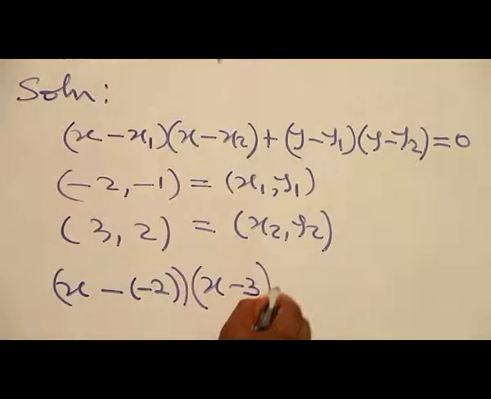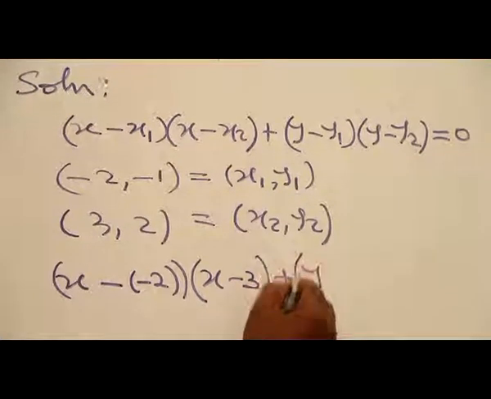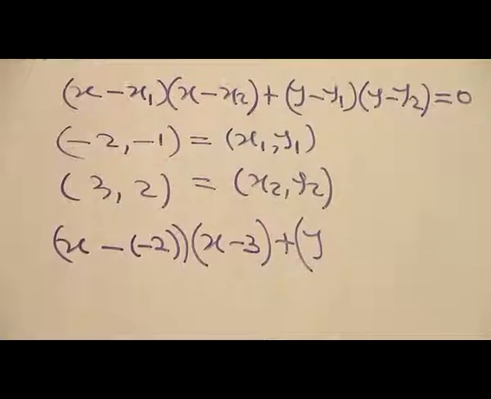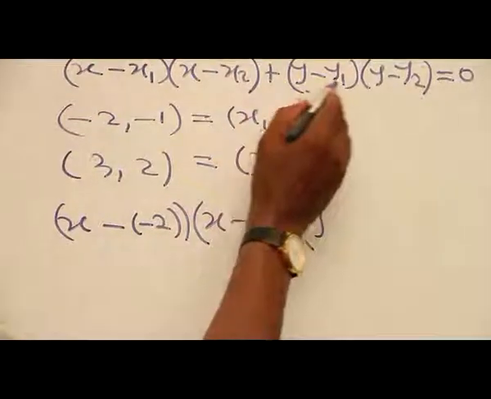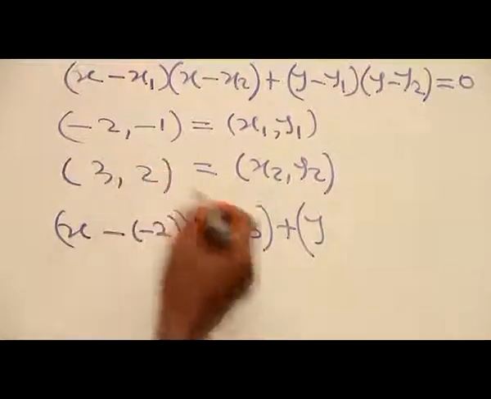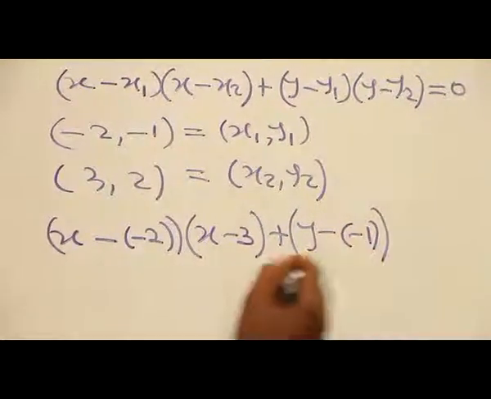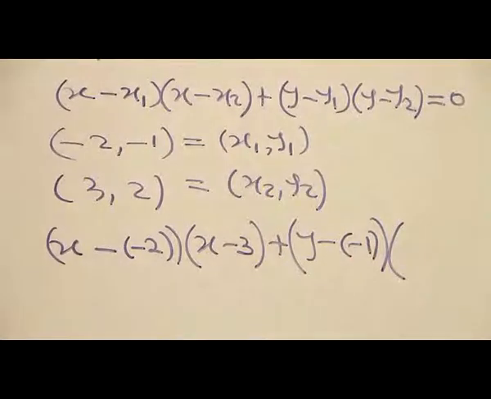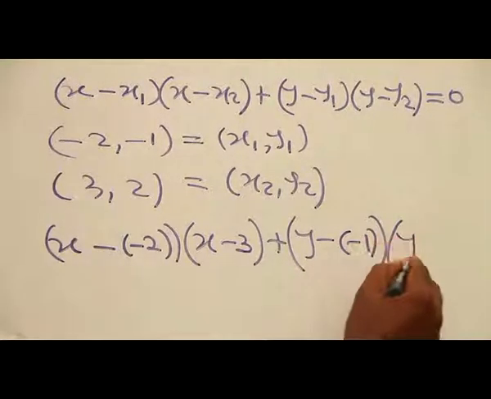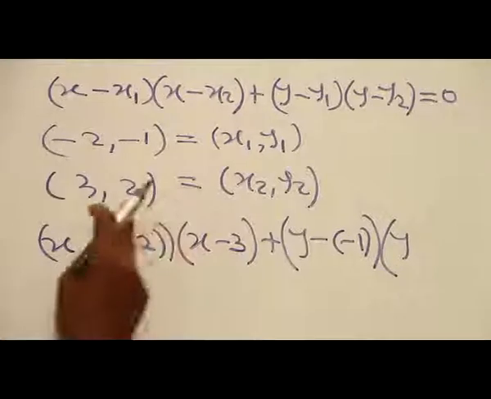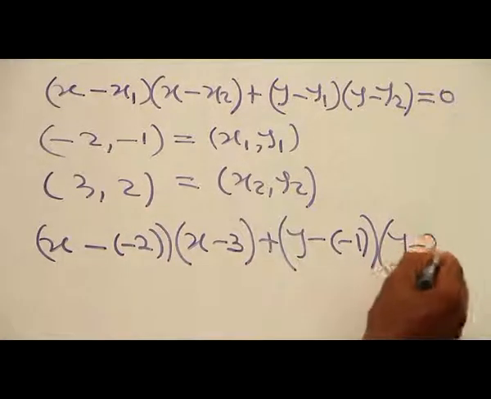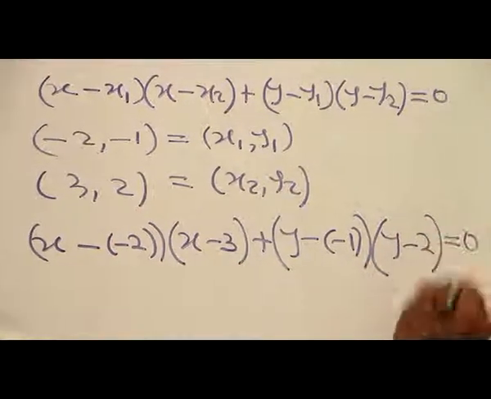So we write that, close that, plus your y minus y1. Your y1 is -1, so we have -1 again. Close that. Open the bracket. You have y minus y2. Our y2 here is 2, so minus 2. Everything is equal to 0.